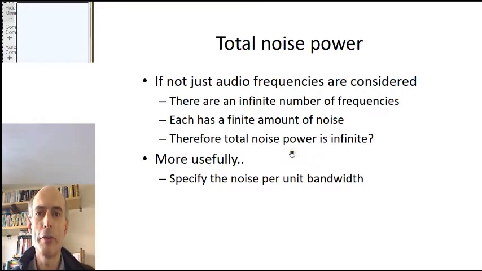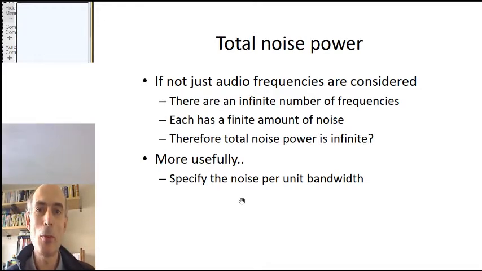What is more of an issue is if we're dealing with signals which are not audio signals, but which have a different bandwidth. In these cases, we often don't know the bandwidth of interest to the final system designer when we're trying to specify and analyze the noise. So we cannot work out the total amount of noise that's likely to be in the system that the designer is interested in.